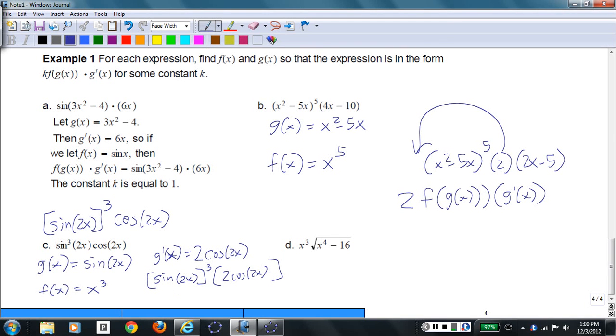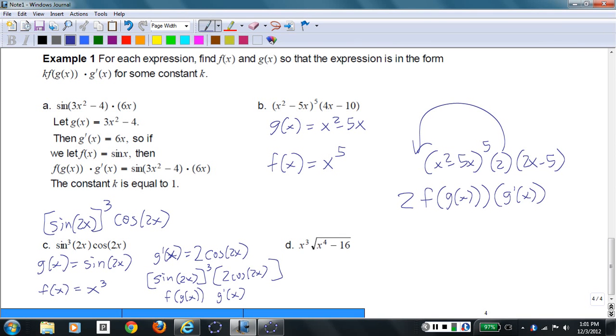So this is our f of g of x, and this is our g prime of x, but this is not equal to the original expression. The original expression doesn't have the 2.